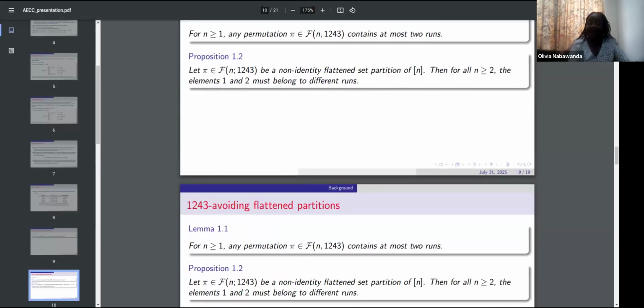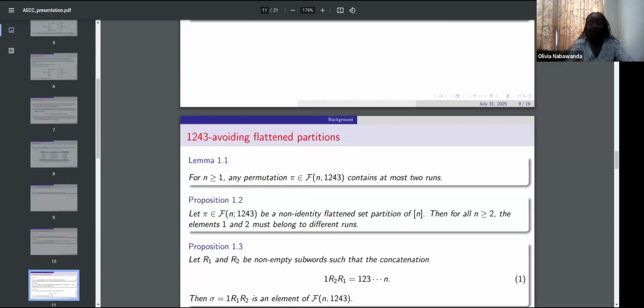Otherwise, if they're in the same run, and because our runs are ordered lexicographically, that means the first entry is always 1 in each flattened partition. So if you have 1 and then 2 is in the same run, that means 2 has to follow 1. And so the last element in that run, together with the first element in the next run, would form a 1, 2, 4, 3 pattern. So for us to avoid that, we realize that these two elements, 1 and 2, must belong to different runs.